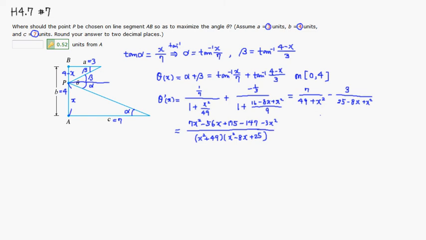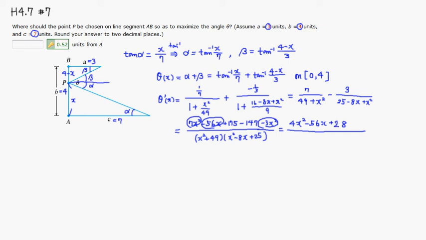Which comes out to be 7x squared minus 3x squared, so it's 4x squared. Then you have a negative 56x. Then 175 minus 147 is 28, so plus 28.